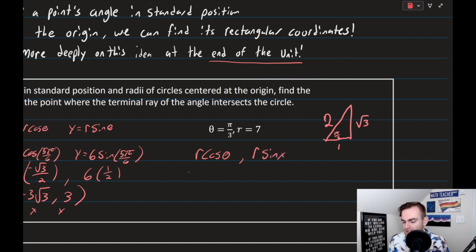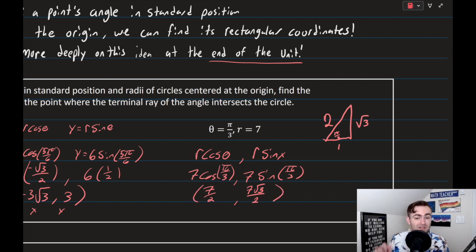So we're going to have 7 cosine of pi over 3, comma 7 sine pi over 3. Cosine would be 1/2, so this is 7 halves, and sine would be root 3 over 2, so this is 7 root 3 over 2.